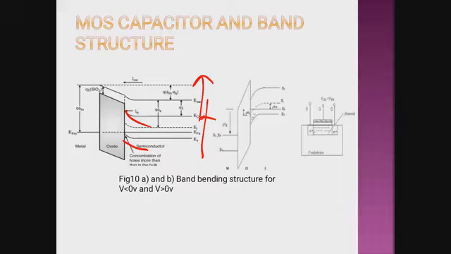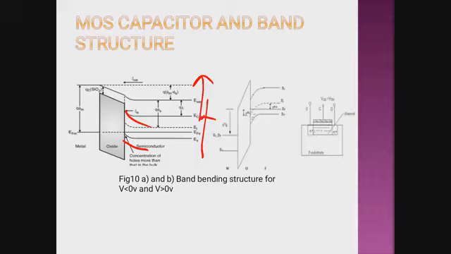In this situation, a P-type substrate means the majority carriers will be holes, so I have many more holes in the substrate, because now my Fermi level, which is constant, is moving closer to the intrinsic level.